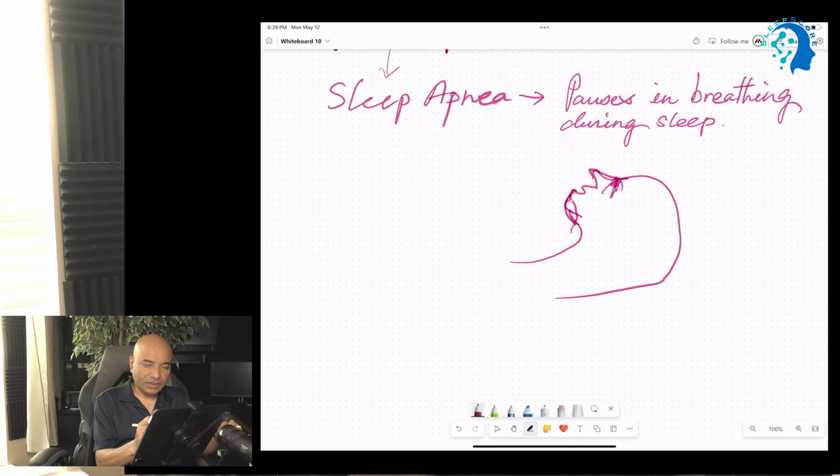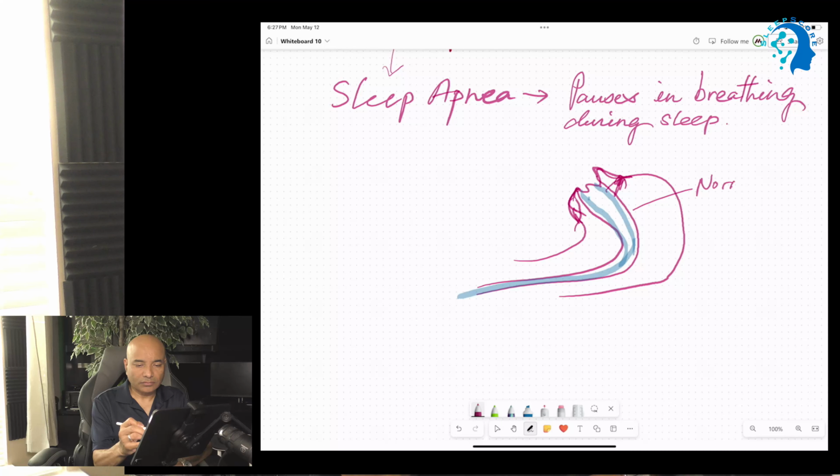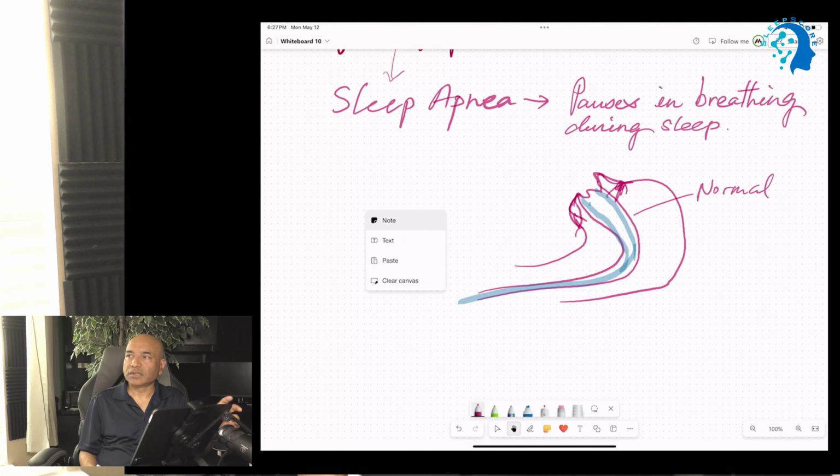Then what happens is people breathe through the nose and through the mouth. They breathe like this, through the nose and through the mouth. And this is normal sleep. This is normal. There is no problem.